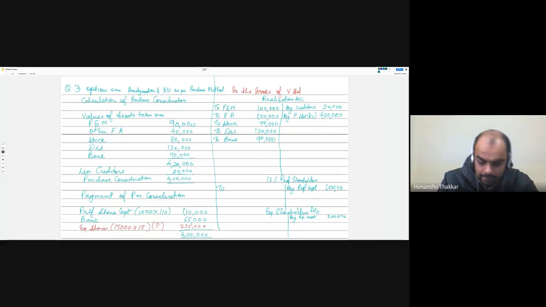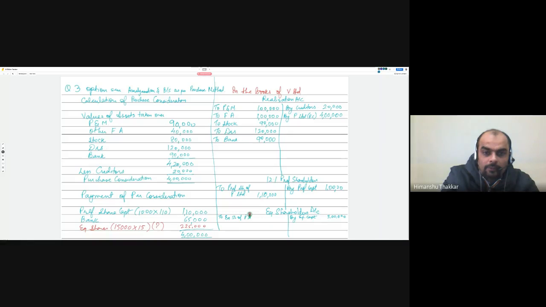So, preference shareholders will get preference shares of P Limited. They are getting shares worth 1,10,000, and equity shareholders will get shares of P Limited. Equity shares of P Limited.